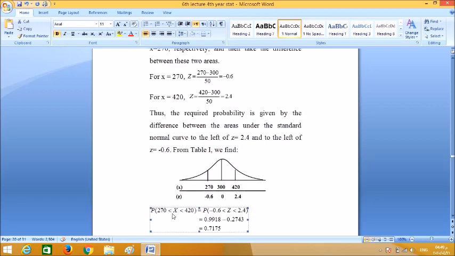Like this. The probability that X is greater than 270 and less than 420 equals the probability that Z is greater than minus 0.6 and less than 2.4. This probability equals 0.71.